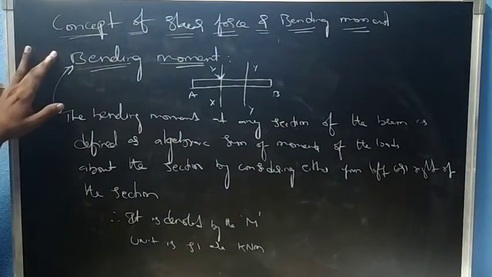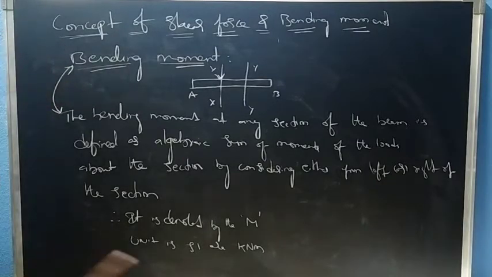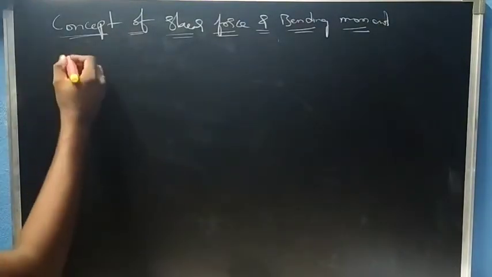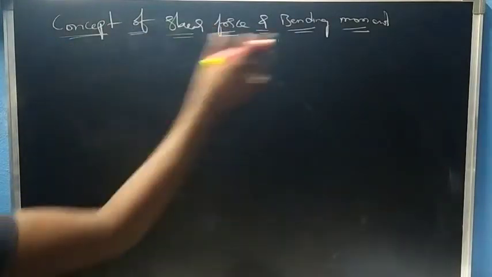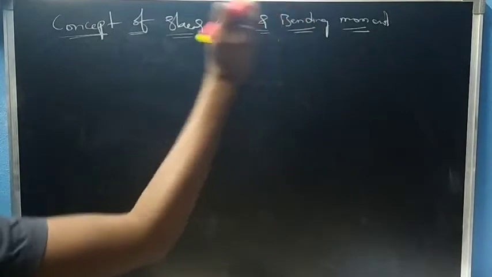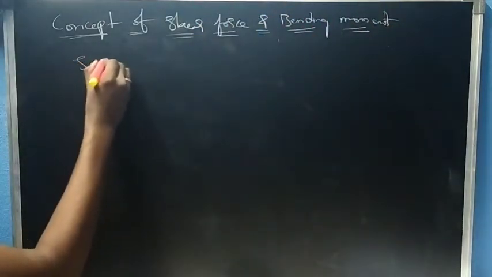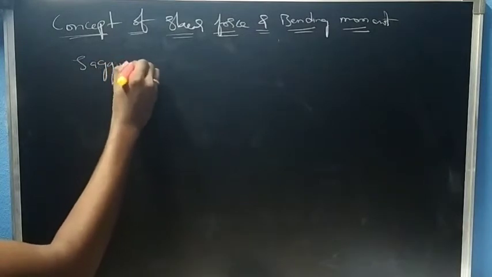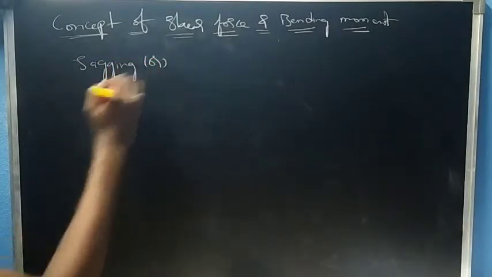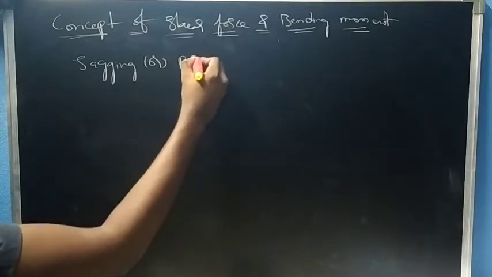So now we'll see the sign convention for bending moment. So now the interesting part of bending moment, sign convention. So how do you take sign convention for bending moment, right? So we have sagging, or positive, we call it sagging or positive bending moment.